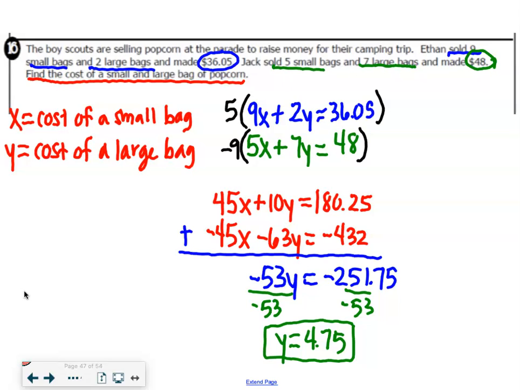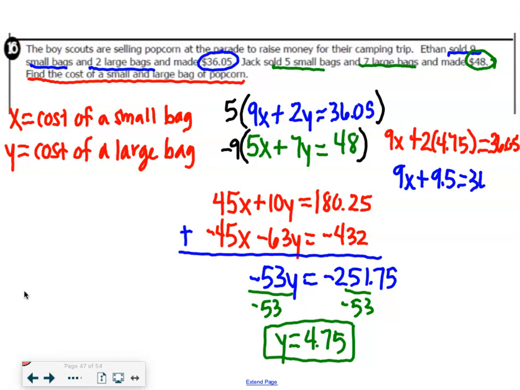Okay, now we have to find the cost of our small bag, so I'm just going to plug into our top equation up there. So I'm going to have 9x plus 2 times 4.75 is equal to 36.05. Okay, now from here, what's 2 times 4.75? That is 9.50.